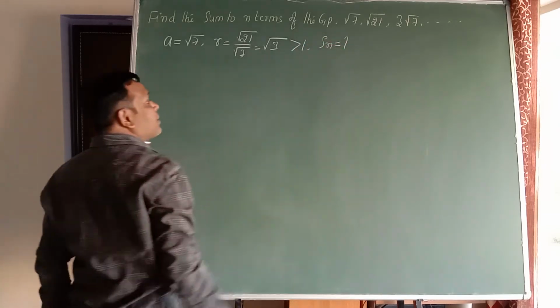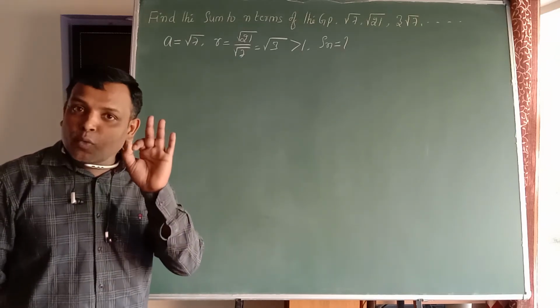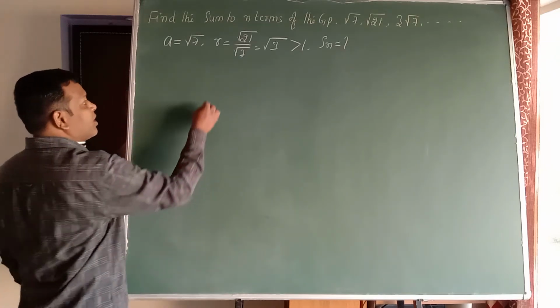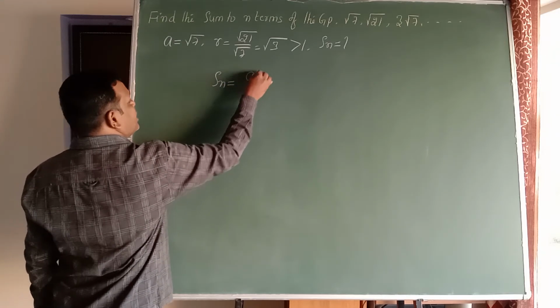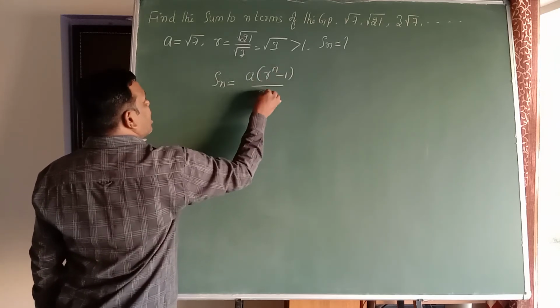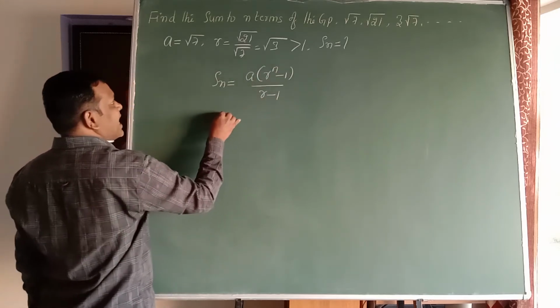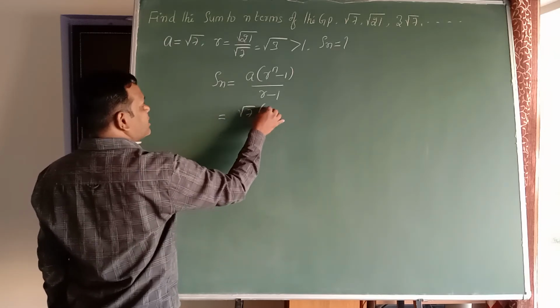That is question mark. When common ratio is greater than 1, we have to use the formula Sn is equal to A into R power n minus 1 divided by R minus 1. What is A here? A is root 7, got my point? Into R is what?